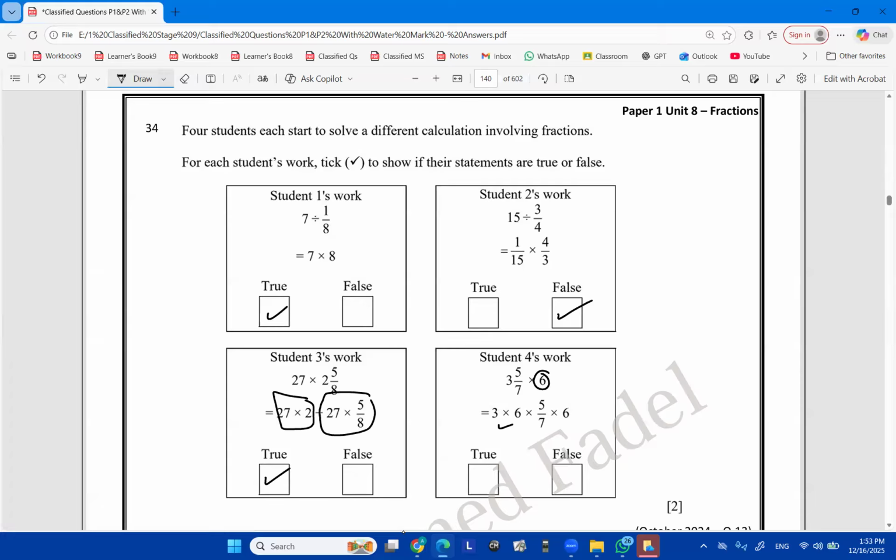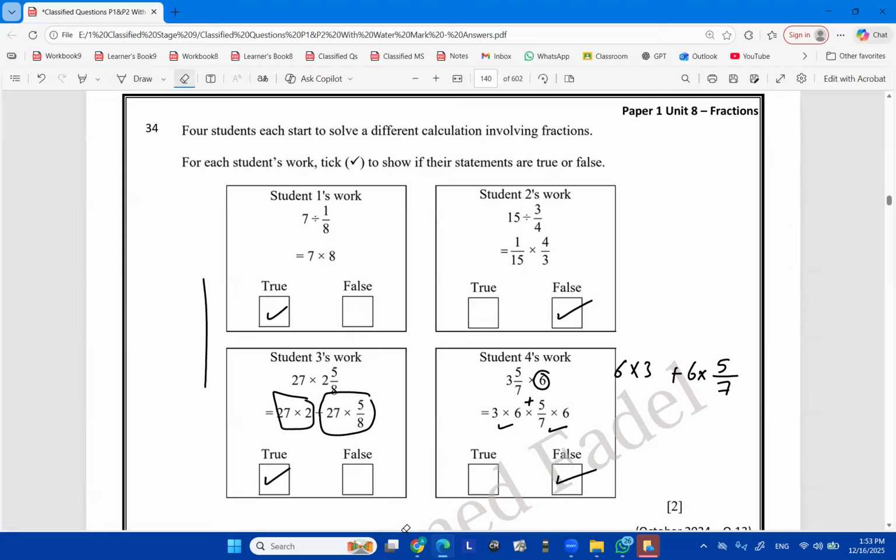Can I multiply the 6 by 5 over 7? Yes, you can multiply 6 by 3 first, and you multiply 6 by 5 over 7 next. But at the end, you must add them, not multiply them. So it is false. I can do 6 times 3 plus 6 times 5 over 7. So it is false.